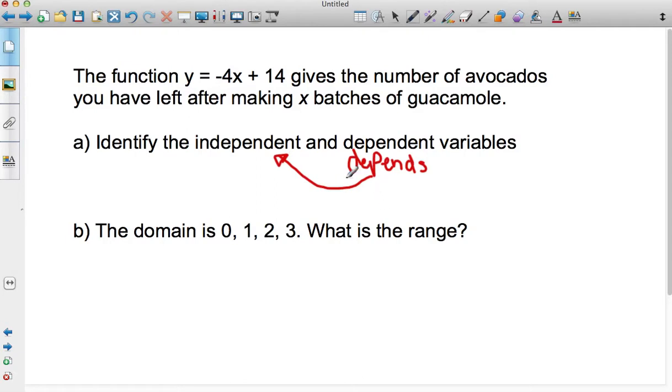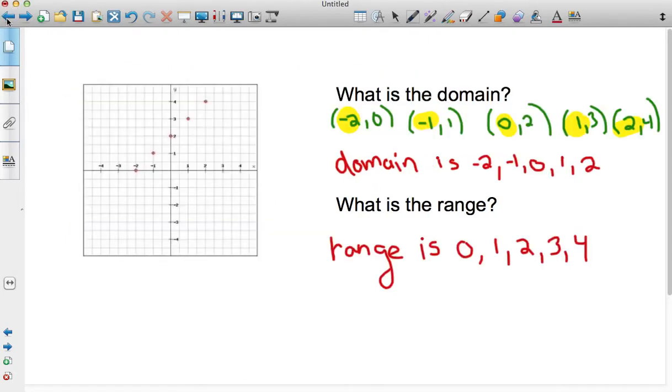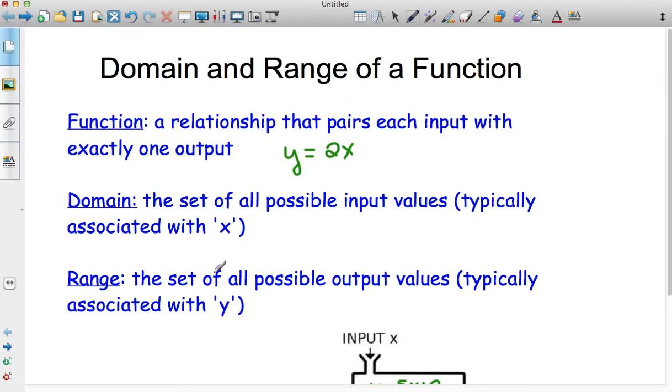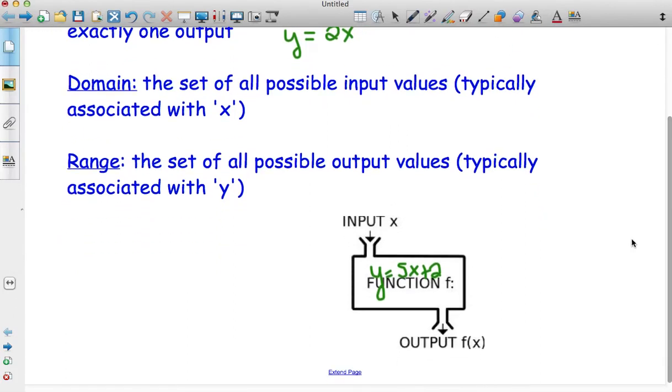If we look back to our definition, which one is dependent on the other one? It looks like the input, your x's, will actually tell you what your output's going to be. So your dependent is always going to be your y, and your independent is x, where you can choose what numbers to put in.